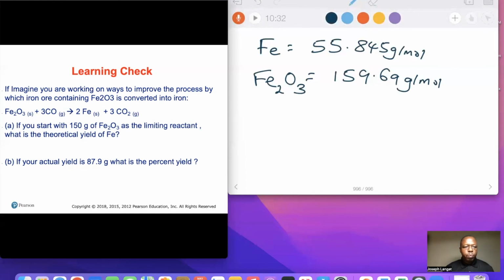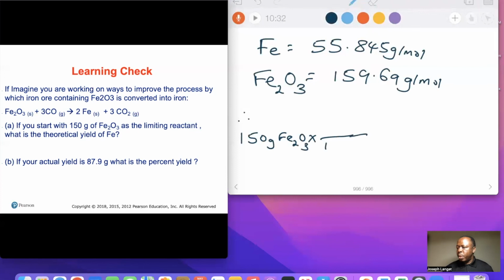So we need to know how many grams of iron we expect from 150 grams of iron(III) oxide. Can I use the conversion factor here?